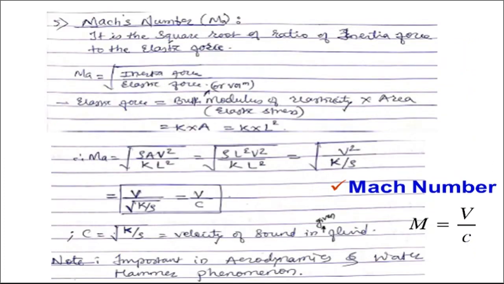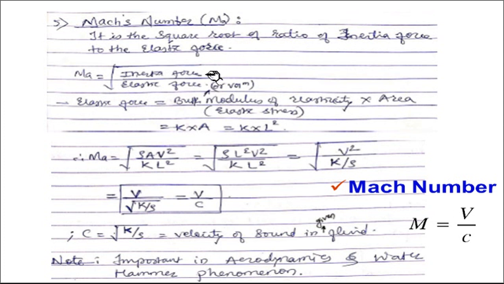Next important number is the Mach number. Mach number is again defined as square root of the ratio of inertia to the elastic force of a fluid.